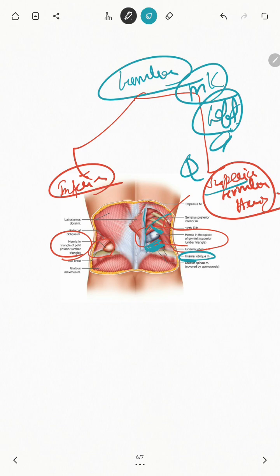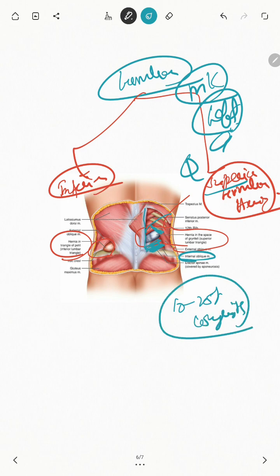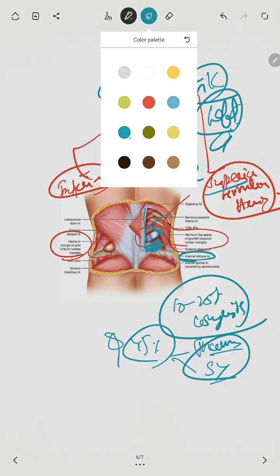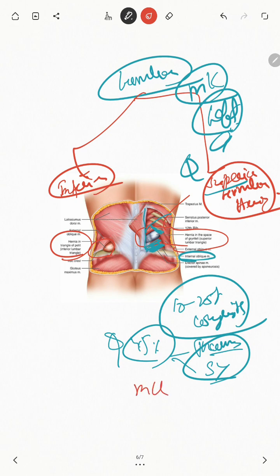Okay, so 10 to 20% are congenital, and 45% are mostly due to trauma or surgery. Very important: one of the post-traumatic hernias is your lumbar hernia. Another important thing is that the most common content here would be small intestine, and it could be a pad of fat alone.